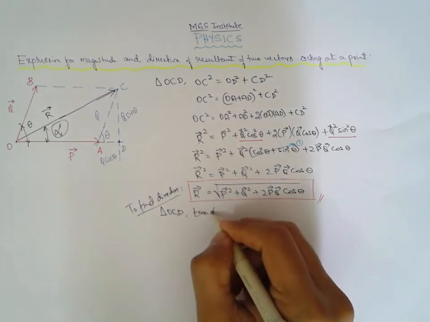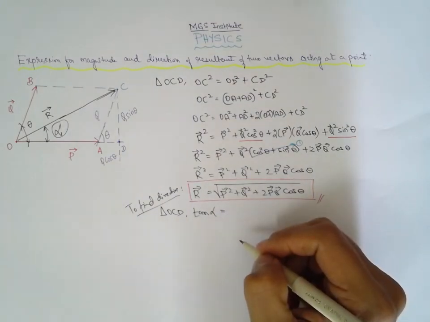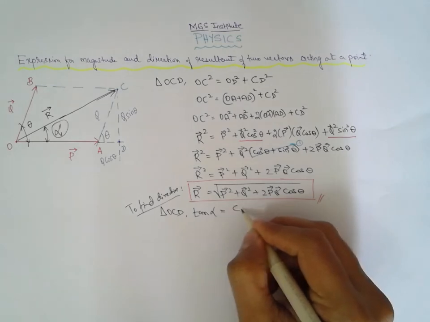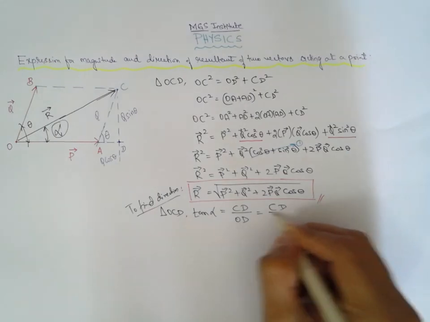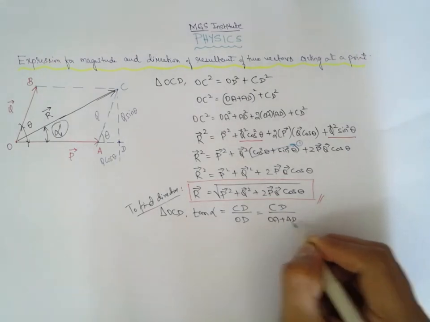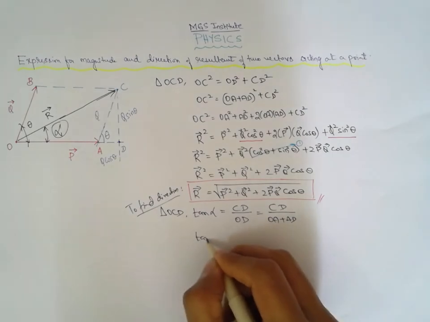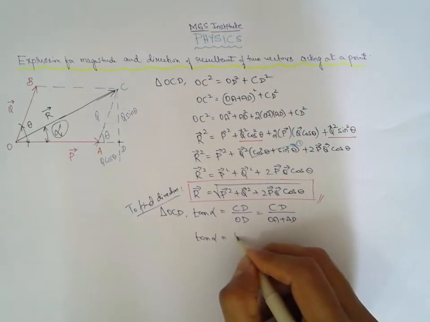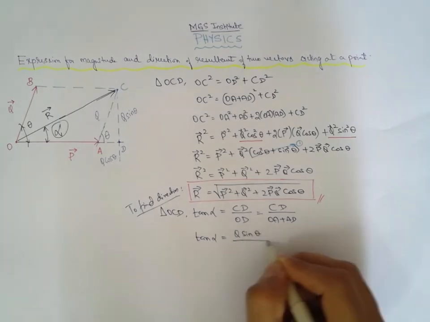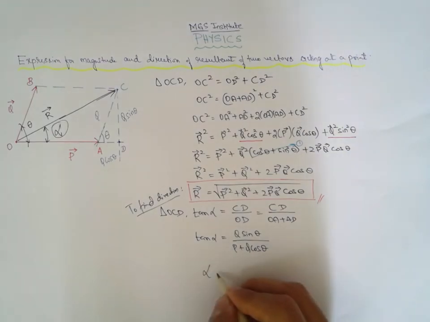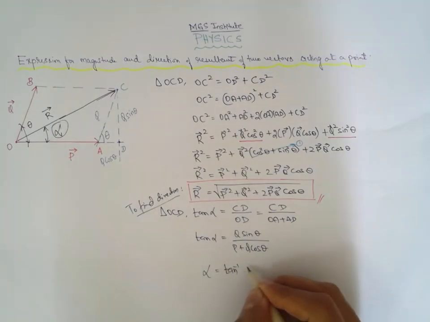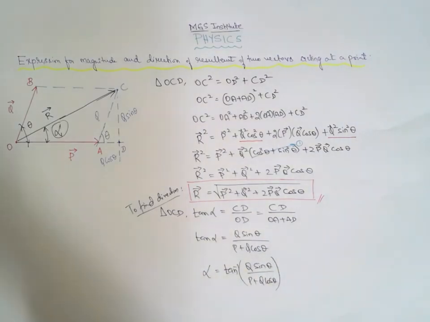Let us take tan alpha in OCD, which would be nothing but CD by OD, which can be written as CD by OA plus AD. Substituting, we get tan alpha equals CD, which is Q sin theta, by P plus Q cos theta. So our alpha becomes tan inverse of Q sin theta by P plus Q cos theta.